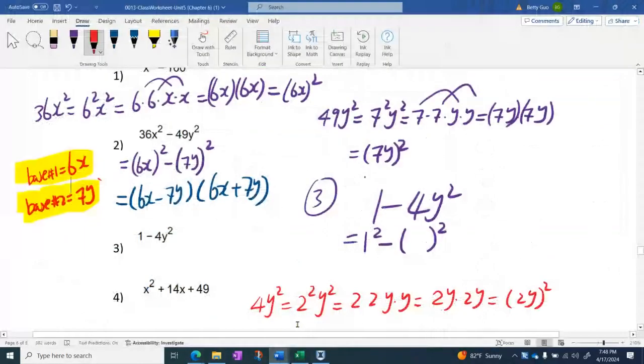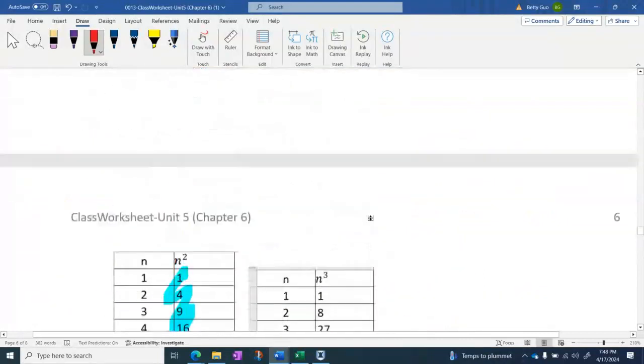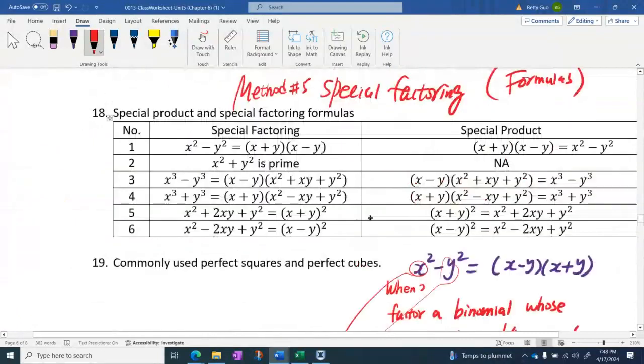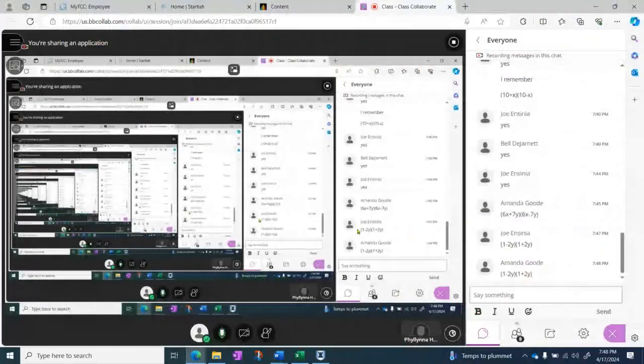What about other students? Do you have any questions? Are you grasping the formula? See the pattern, see the structure. Do you have any other questions about the first formula, difference of two squares?